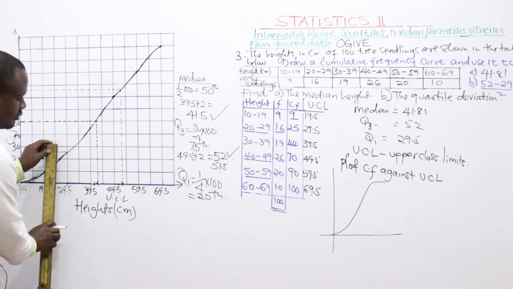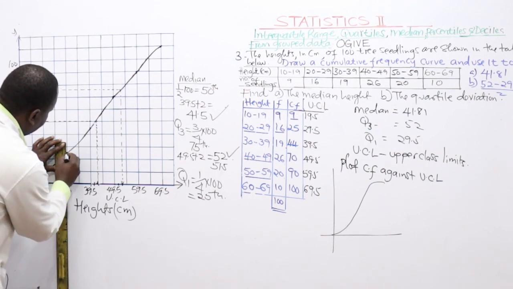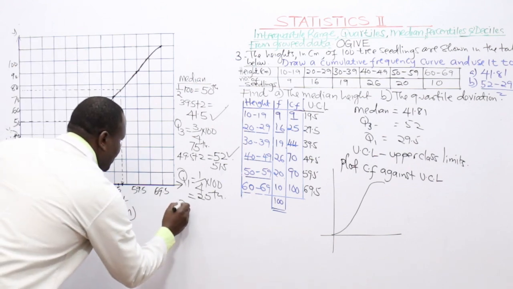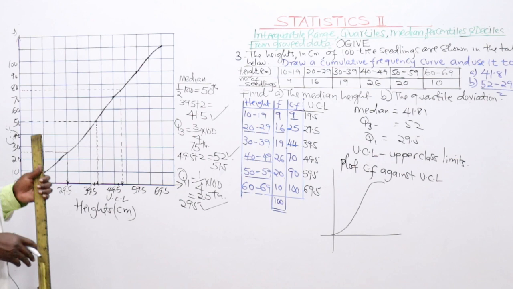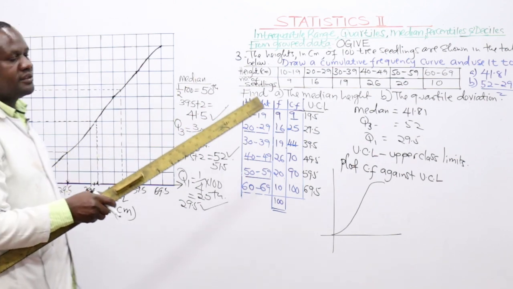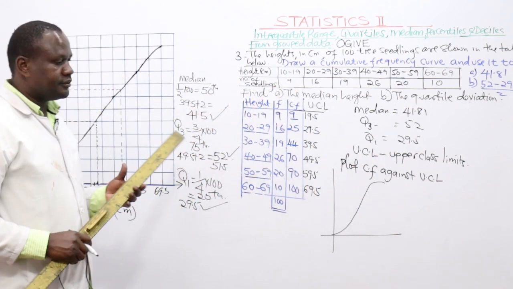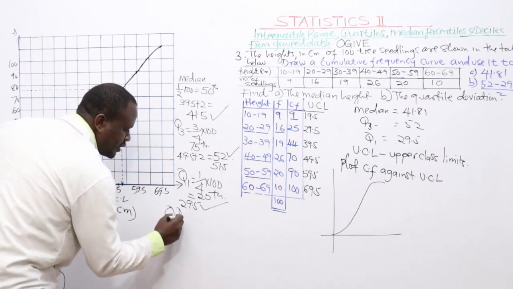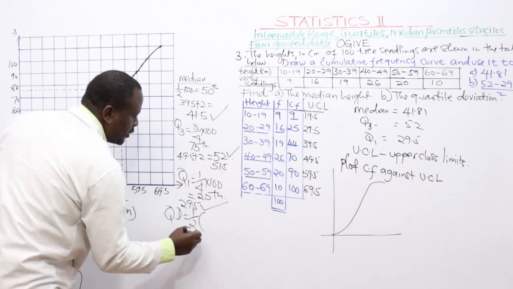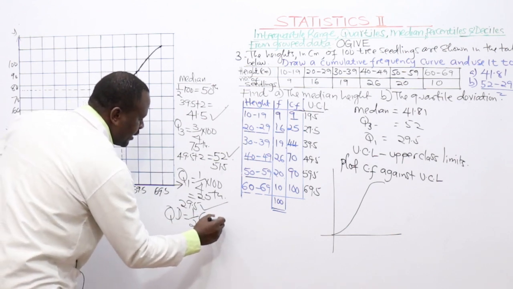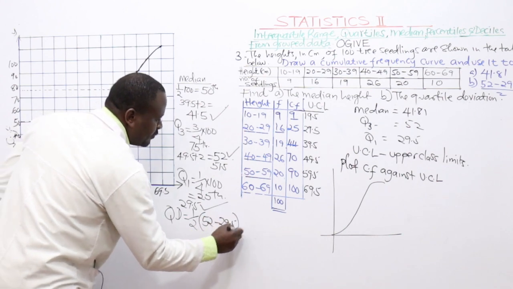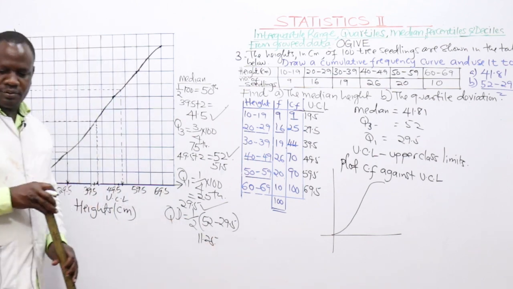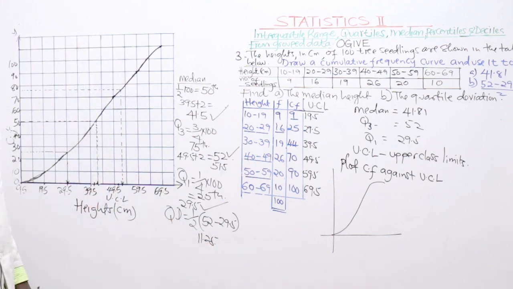You can see the 25th happens to be 29.5, exactly like what we found with the calculations. Therefore, the quartile deviation is a half of 52 minus 29.5. So we get 11.25. So your answer should range between 11 to 12.